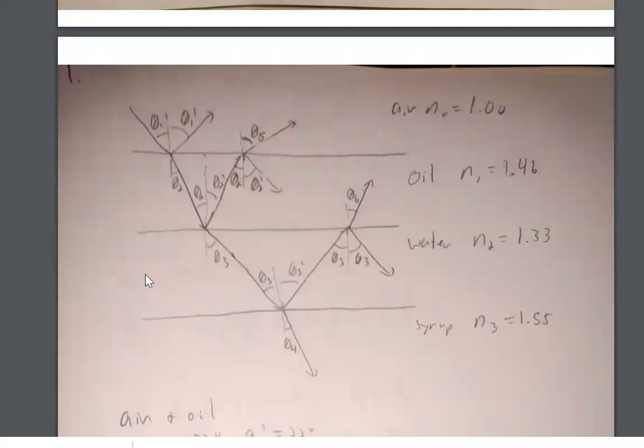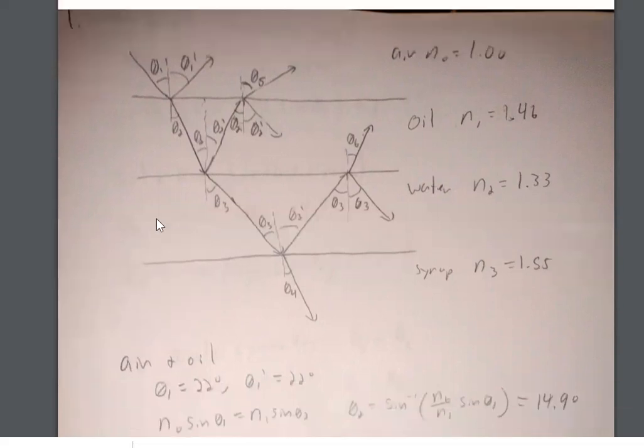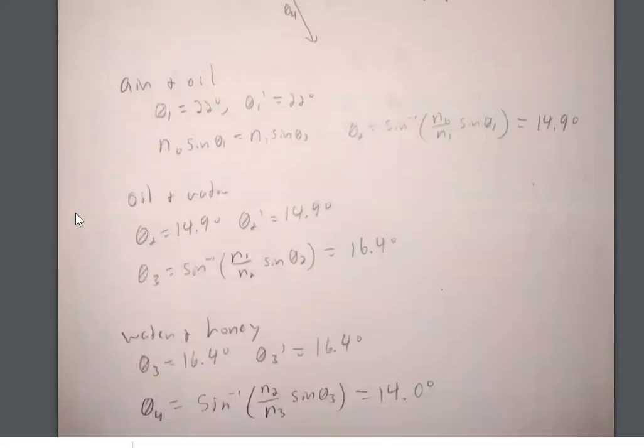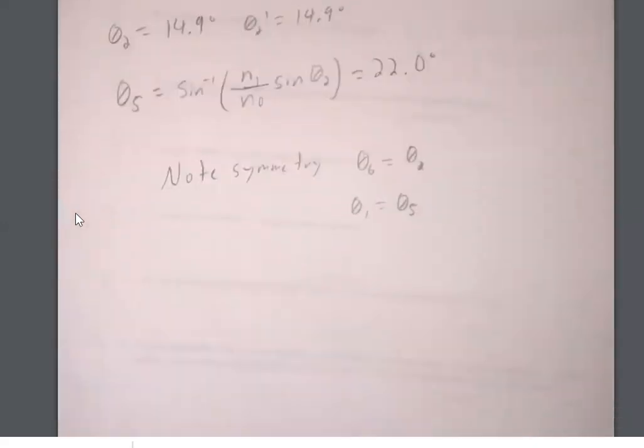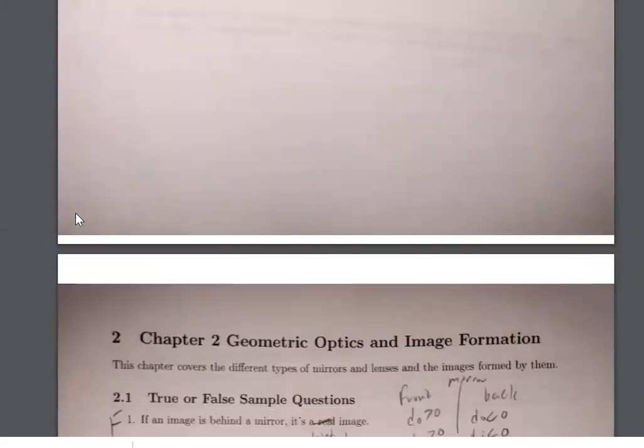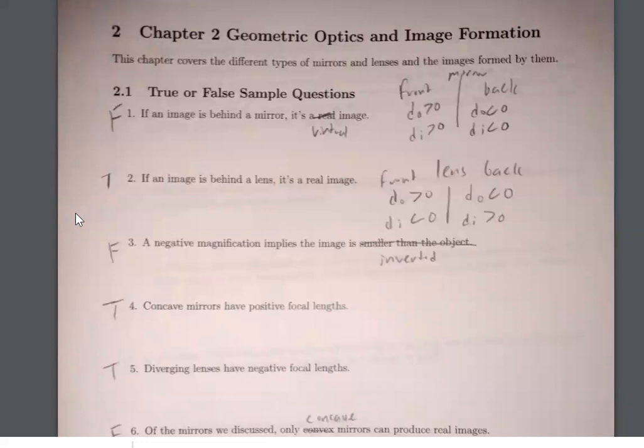So it came in at whatever theta 2 was, 14.9 degrees, so when it bounces back, it's also going to leave at an angle of 14.9 degrees. All right, so it's a long problem, but it's not a very difficult problem. So next chapter, geometric optics and image formation.